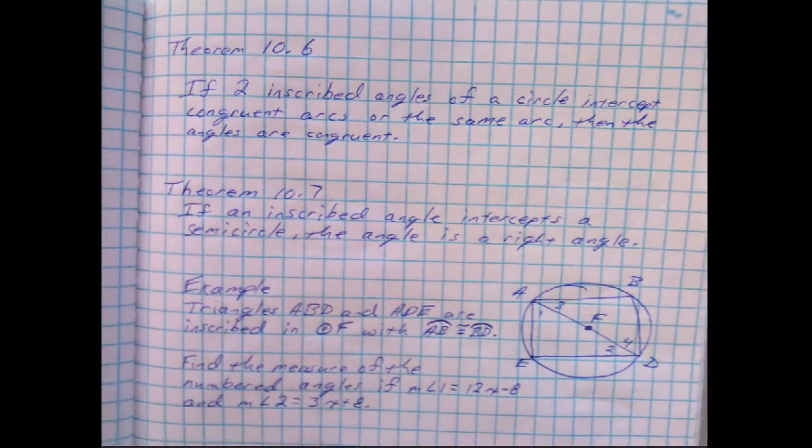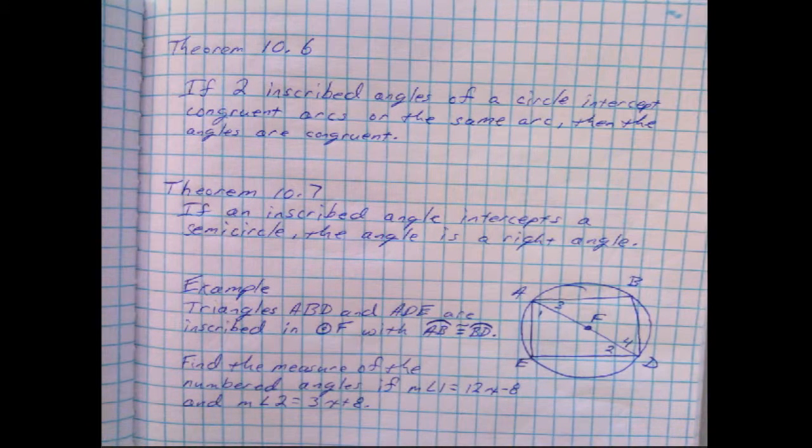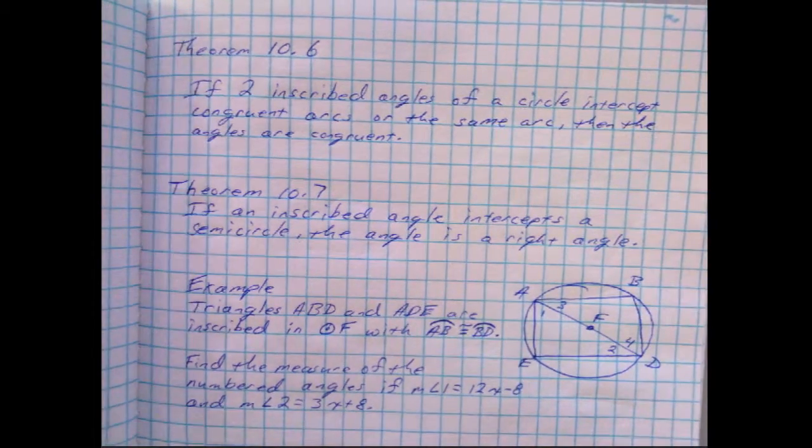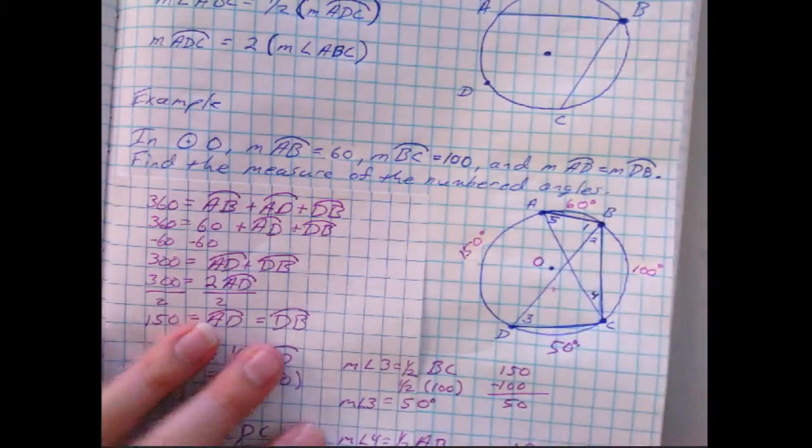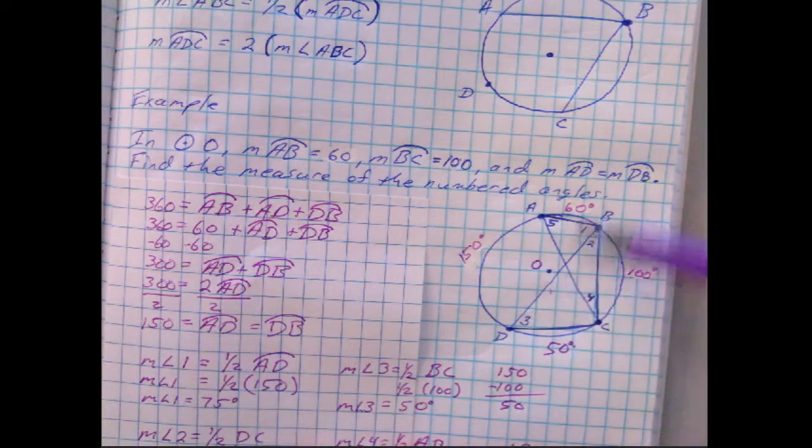So we have a few more theorems here. Theorem 10.6 says that if two inscribed angles of a circle intercept congruent arcs, or the same arc, then the angles are congruent. Okay, so that's similar to what we just did over here. So we had angle 3 and angle 5.